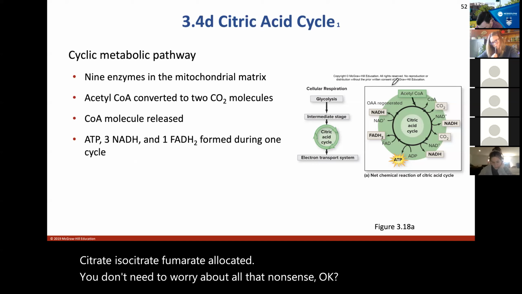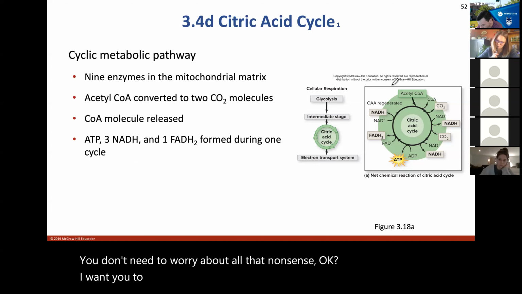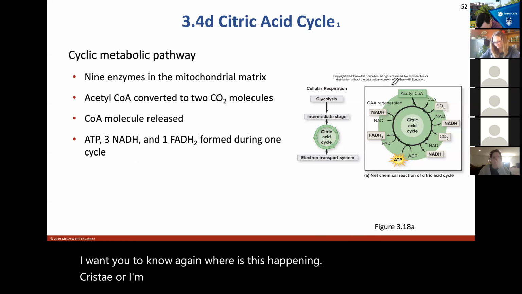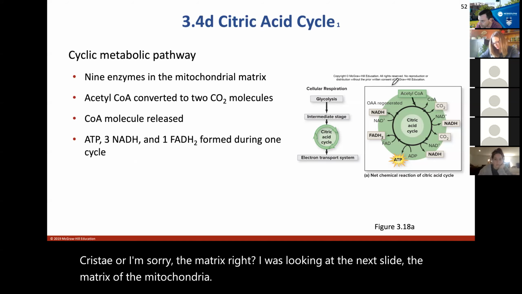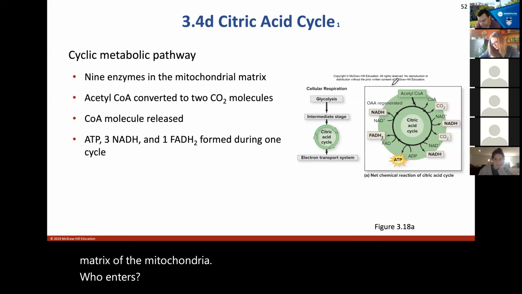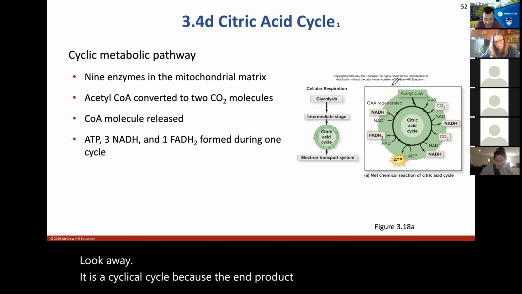I want you to know, again, where is this happening? The matrix, right? I was looking at the next slide. The matrix of the mitochondria. Who enters? Acetyl-CoA. It is a cyclical cycle because the end product is the first reactant.